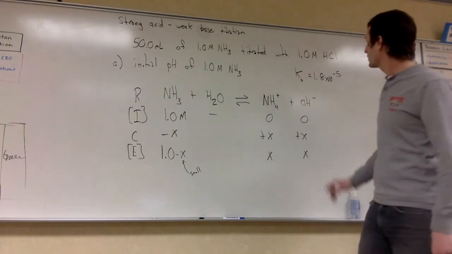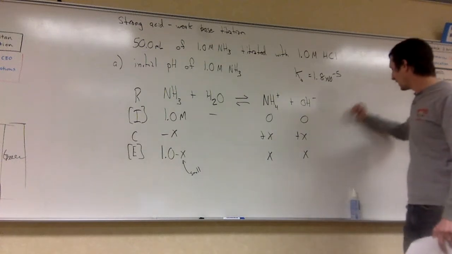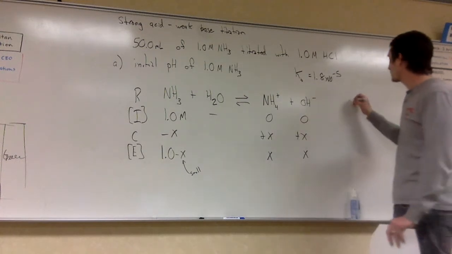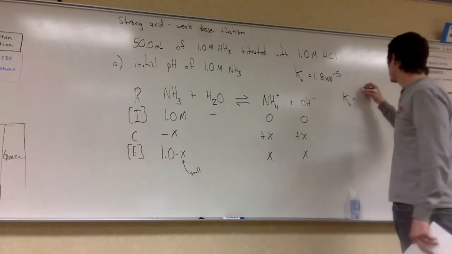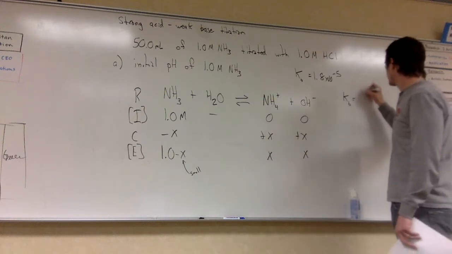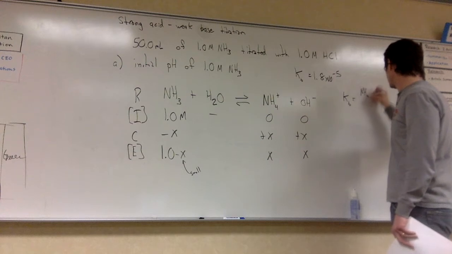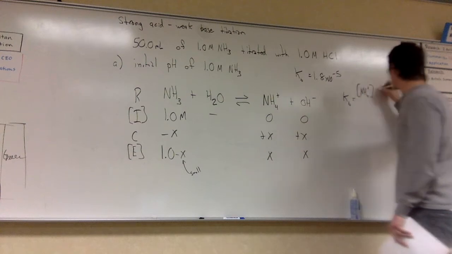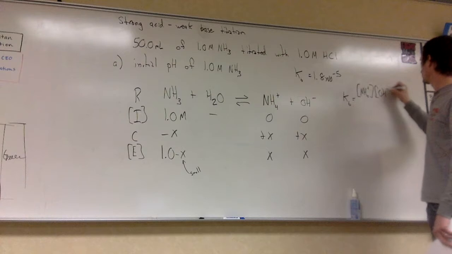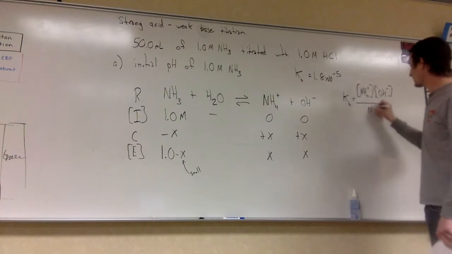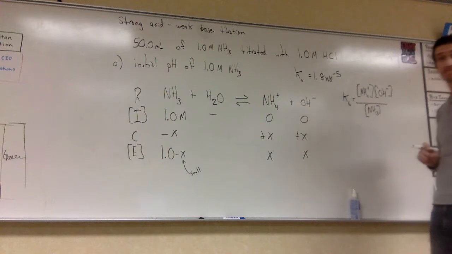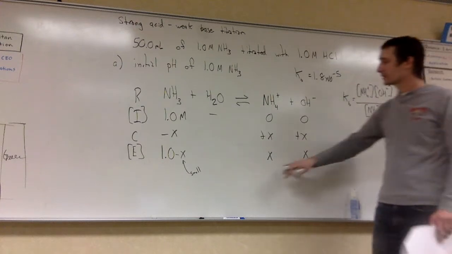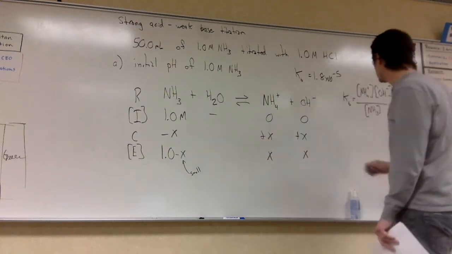So I'm going to write out my Kb expression. Kb is equal to the concentration of the products over the concentration of the reactant. Now I'm just going to substitute and solve for X.